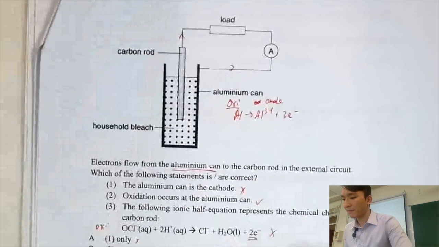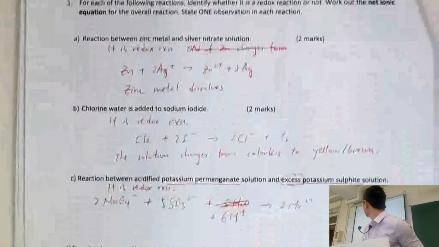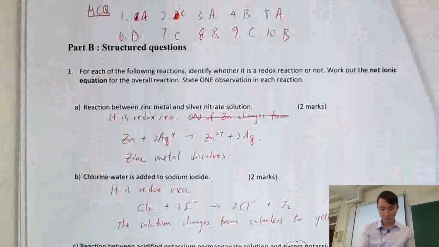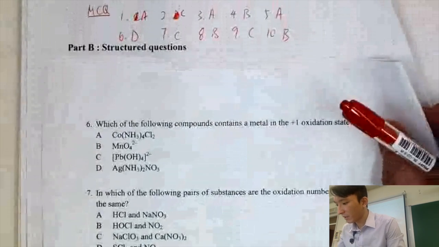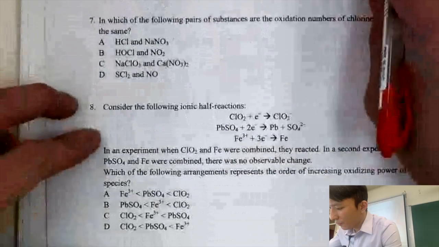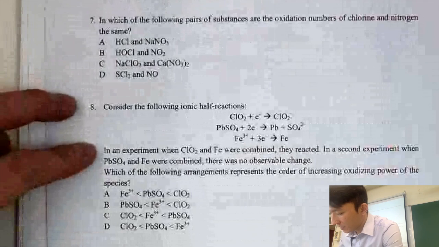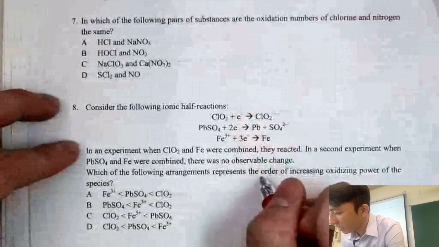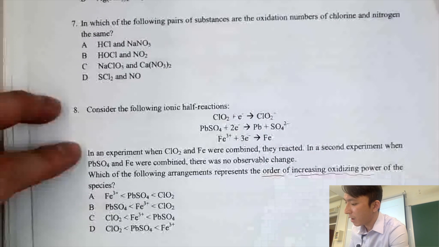Right, so number 8. Okay, number 8 is actually quite difficult. So for number 8, we have 3 different species, and the question is asking to arrange the order of increasing oxidizing power.